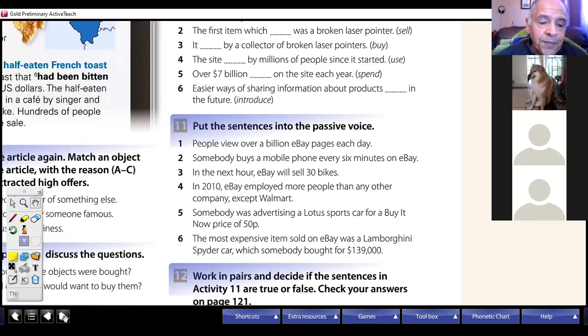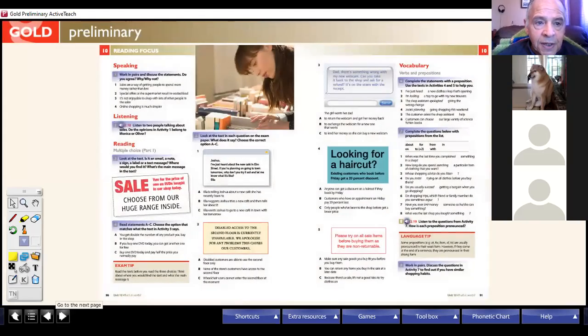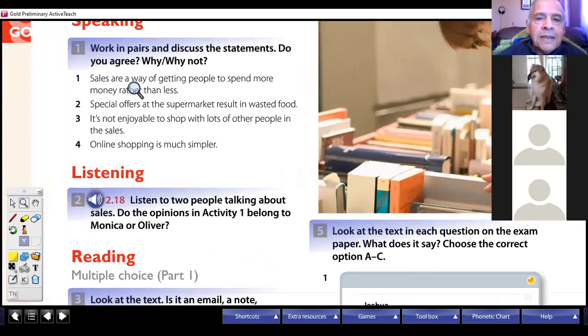Okay. So we're going to continue now with the next thing, which is this. And here we have another speaking page. Work in pairs and discuss the statements. Do you agree? Why or why not? Please, Danae, read number 1. Sales are a way of getting people to spend more money rather than less. What is a sale, by the way, Danae?